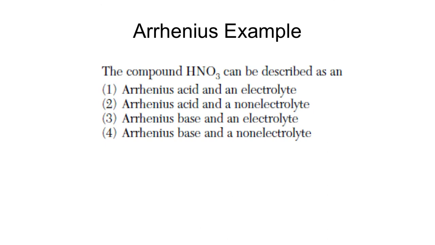All right, next example question. The compound HNO3 can be described as what? All right, so again, we want to take a look at table K, table L. On table K, HNO3 is classified as an acid.